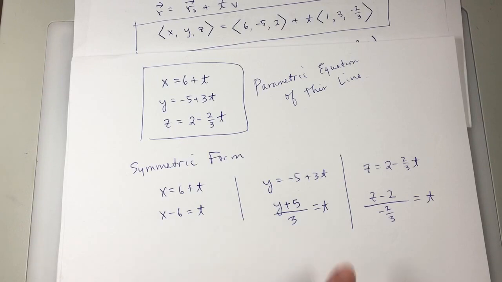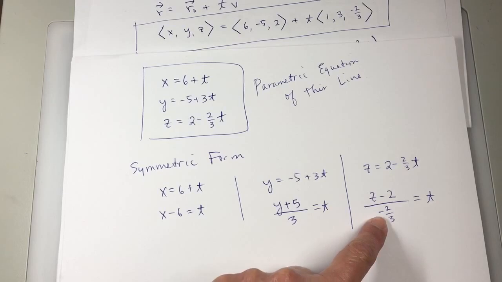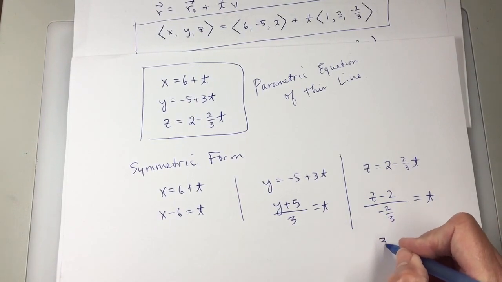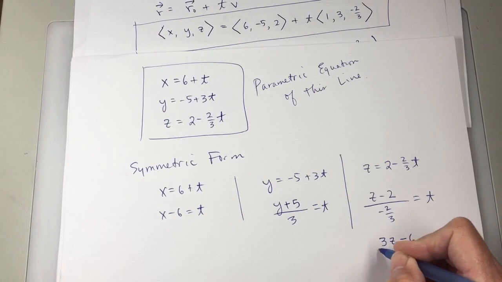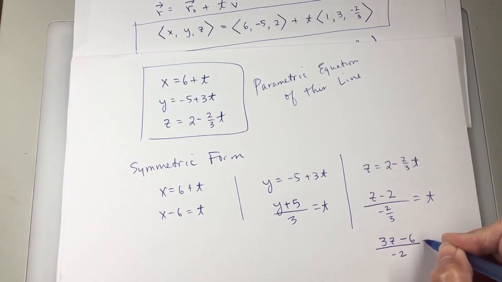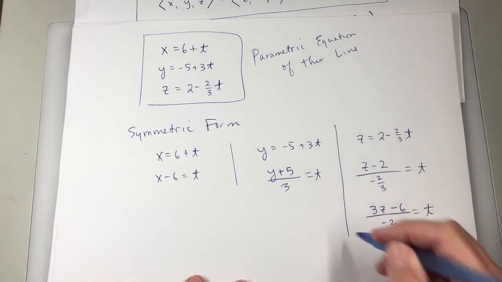Let's see. If I simplify it, z minus 2 times negative 3 over 2. So that would be 3z minus 6 over negative 2. Okay, check that.